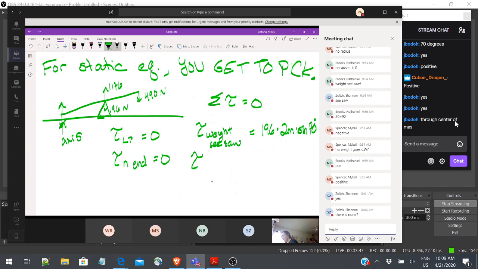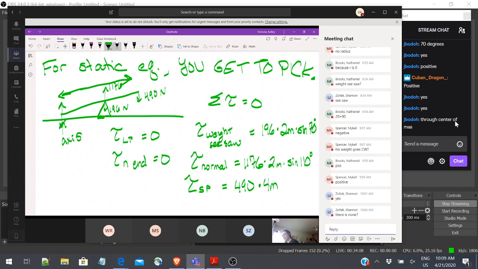The torque from the normal at the fulcrum will be our force times 2 times sine 110. The torque from the weight of the small person is going to be 490, now at 4 meters from our fulcrum, our axis. This one's 110, doesn't really matter.